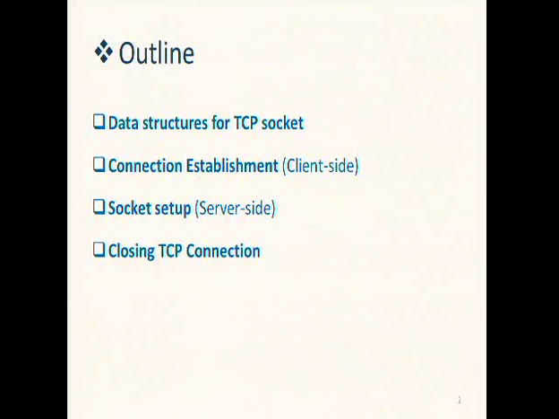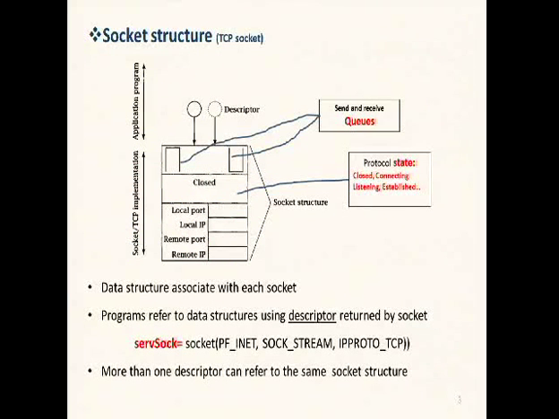The main thing that you can see here is the data structure, and as you can see, we are at the level of the TCP implementation. At the application level, all we do is call socket, like the one here, pass the proper parameters, and get back the descriptor.